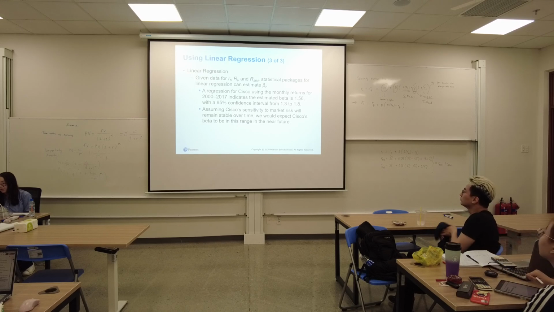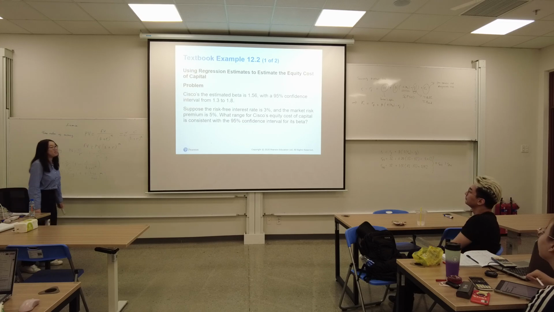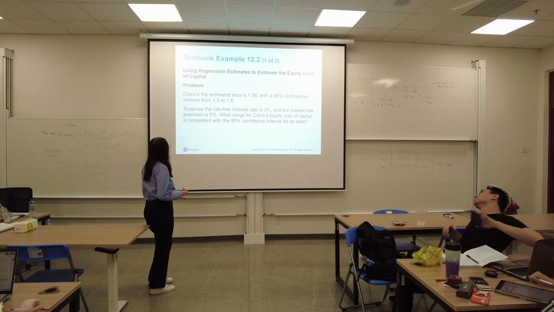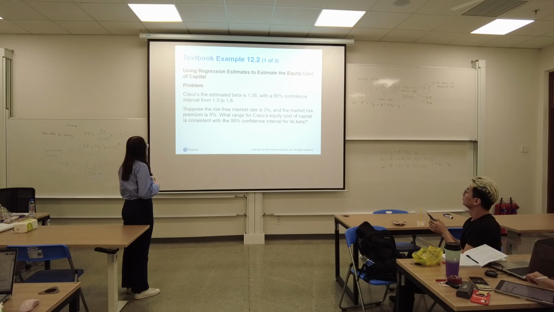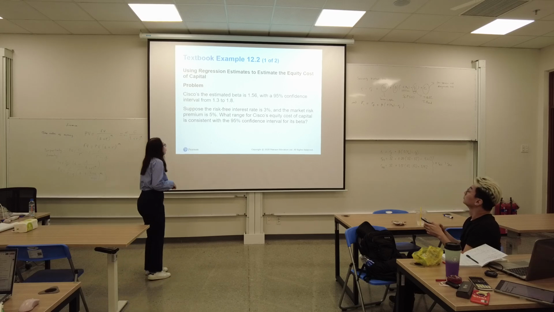Okay, let's do the example. Now, you have the beta, you have the confidence interval for the beta, and you have the risk-free interest rate and the market risk premium. Now you calculate the equity cost of capital.